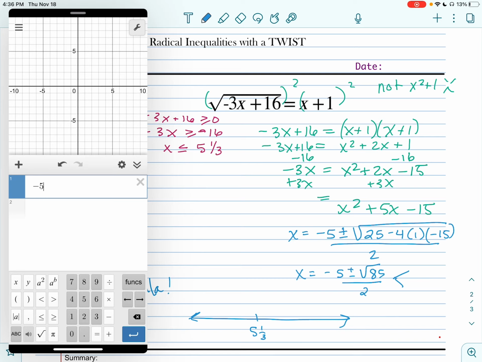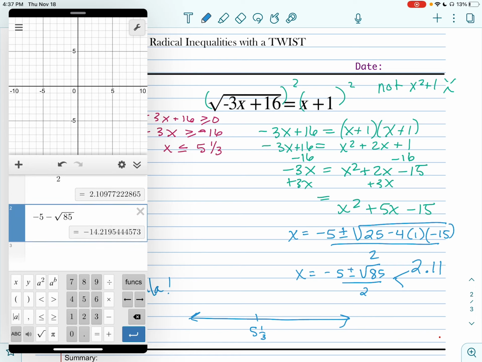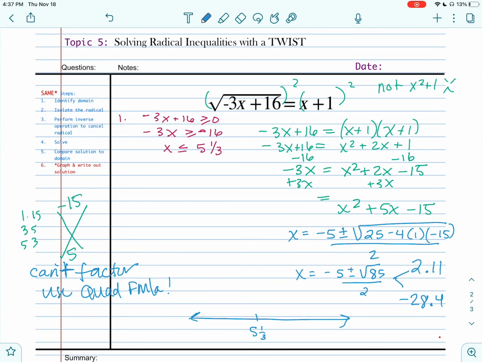So negative 5 plus the square root of 85, all over 2, gives 2.11. And I can do that again. Negative 5 minus the square root of 85 all over 2, and I get negative 28.4 something.